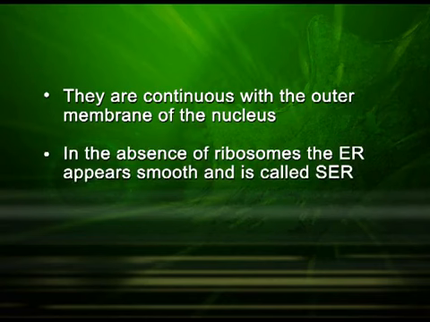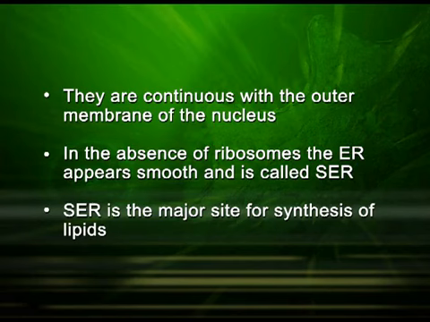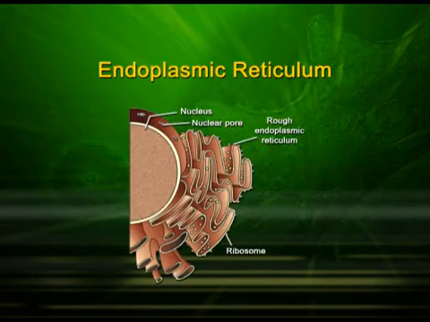In the absence of ribosomes, the endoplasmic reticulum appears smooth and is called smooth endoplasmic reticulum. The smooth endoplasmic reticulum is the major site for synthesis of lipids. Let us look at a picture of the endoplasmic reticulum. Notice that it is in continuation with the nuclear envelope.